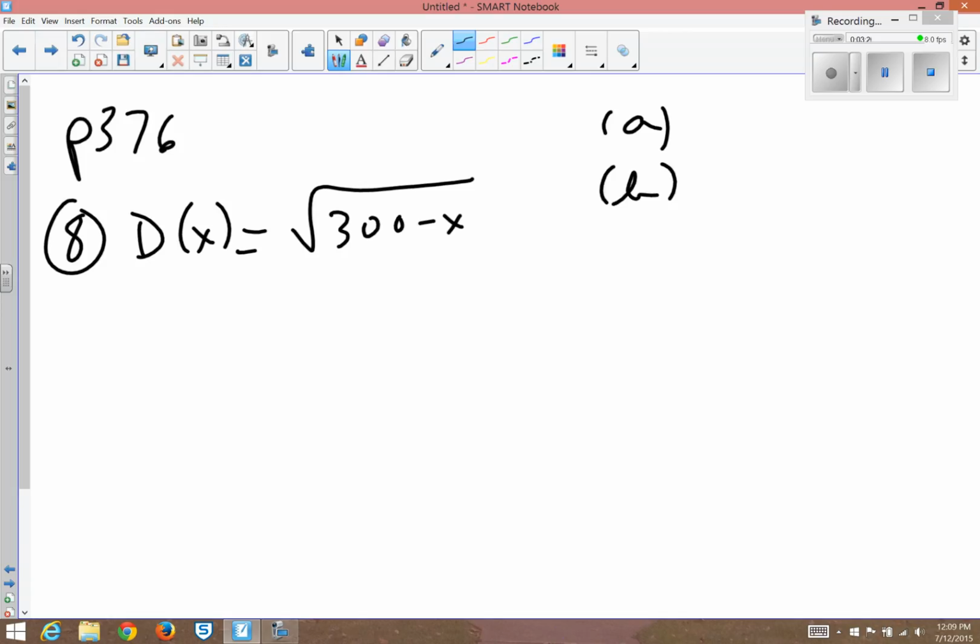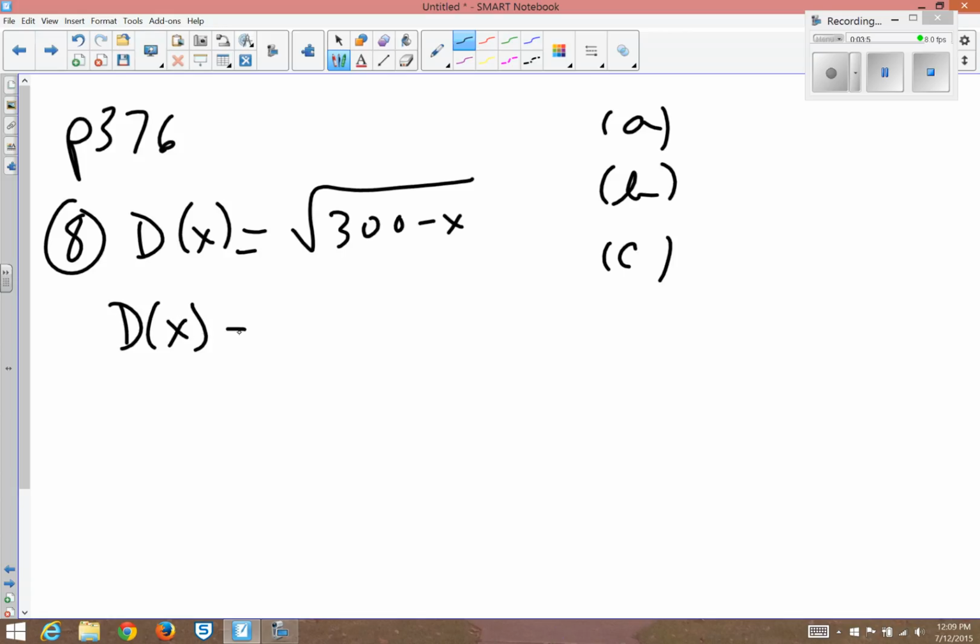Part B, find the elasticity at the given price, and also state whether demand is elastic or inelastic. And part C is to find the values of x for which the total revenue is at a maximum, where x is in dollars.